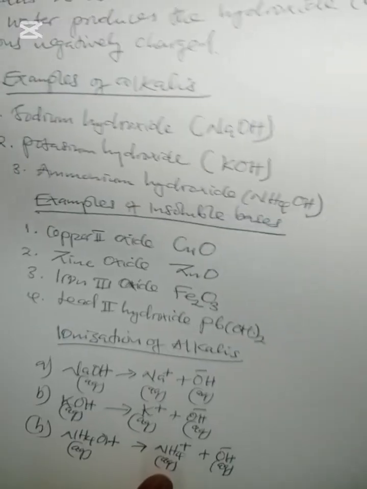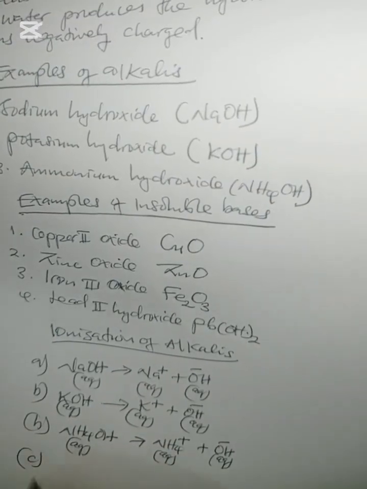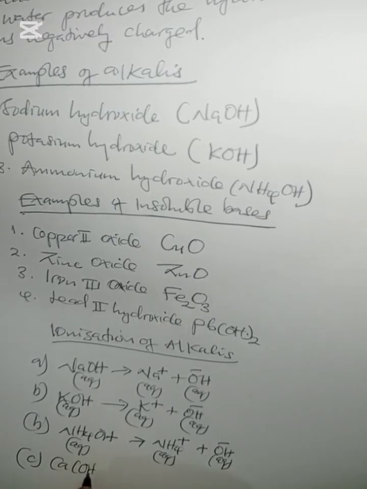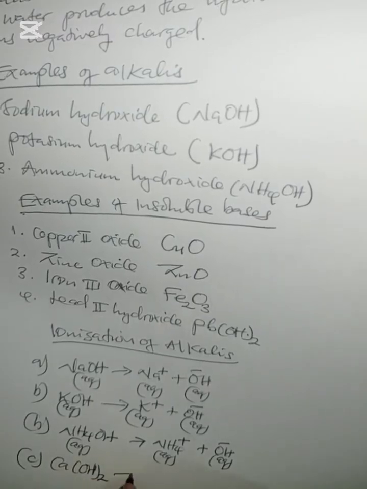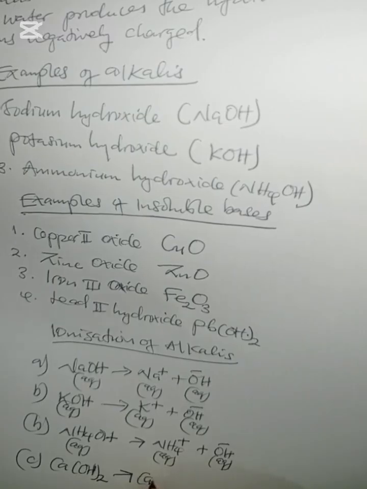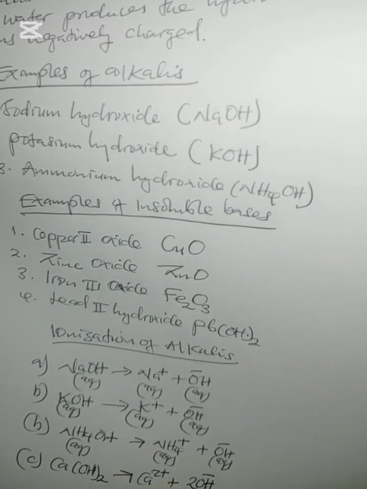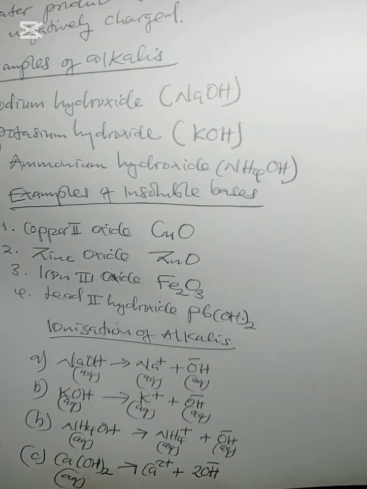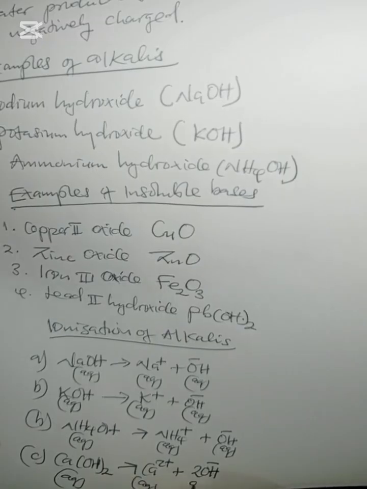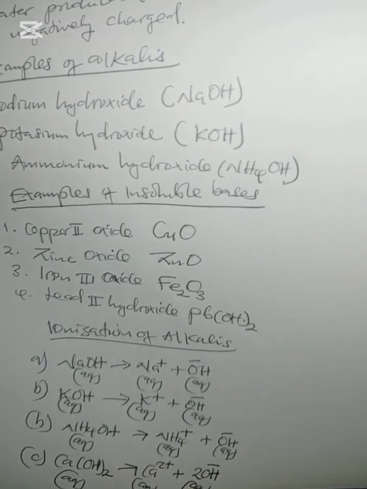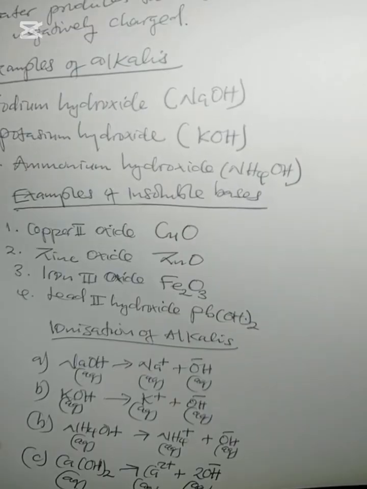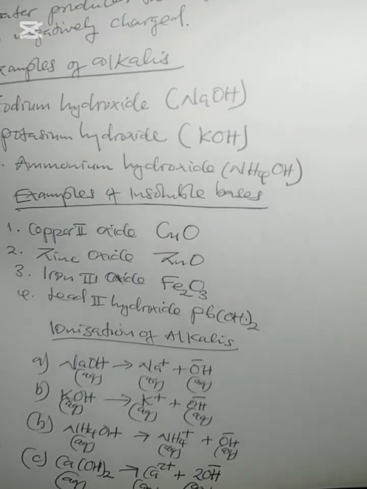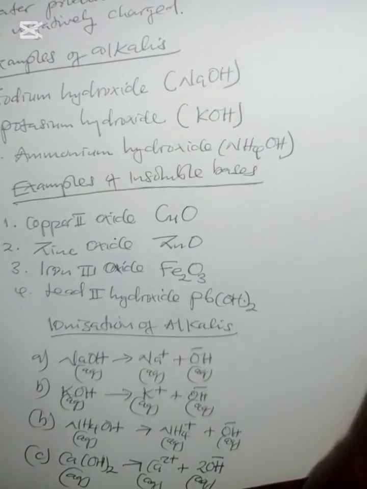And finally we can have maybe calcium hydroxide. This is going to ionize into calcium 2 plus and 2 hydroxide minus, all aqueous. So these are some of the examples of bases which can undergo ionization. Take note of that.